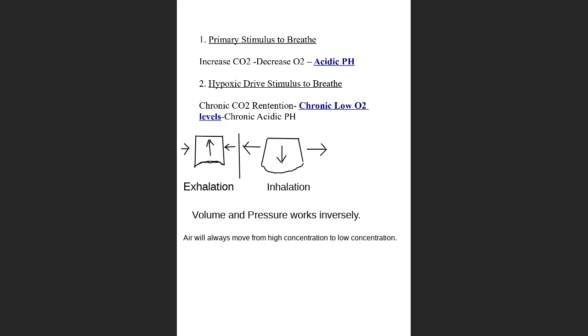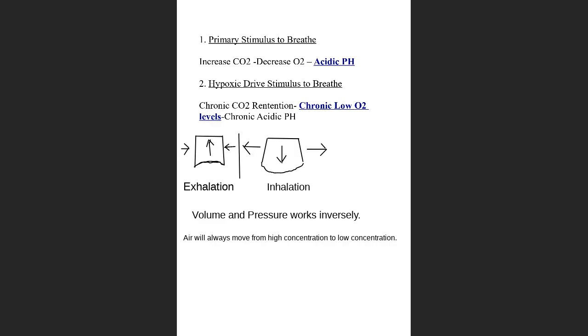That CO2 is going to combine with water and become carbonic acid, and it causes the pH to become more acidic. The chemoreceptors in the brain will detect this drop in the pH and then initiate impulses.